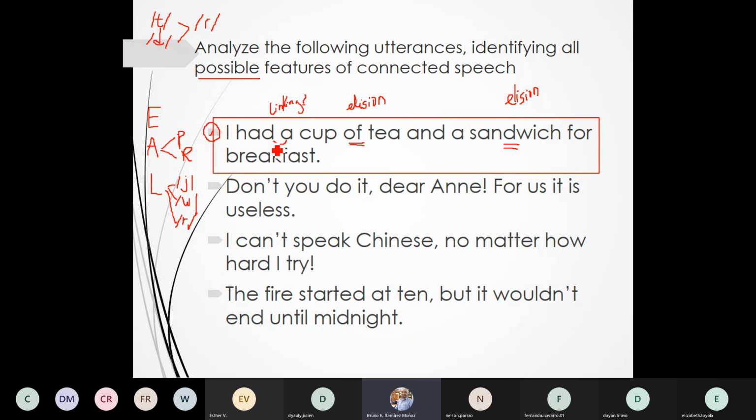So maybe this d turns into a flap. That's why it sounds like hadda. Had a cup of tea. Yeah. So we may think of it as an intrusive R if there is had and an additional r, so hadra.